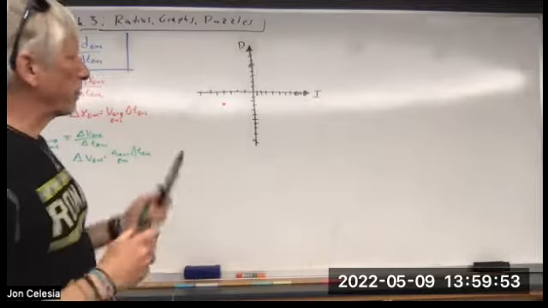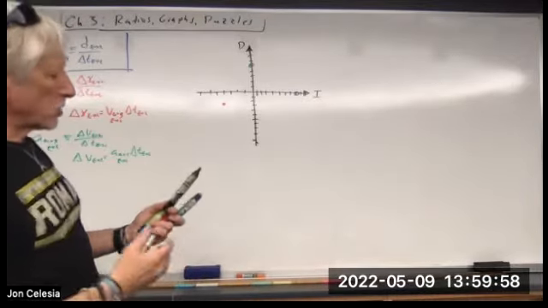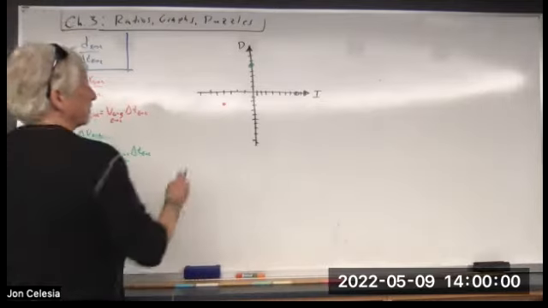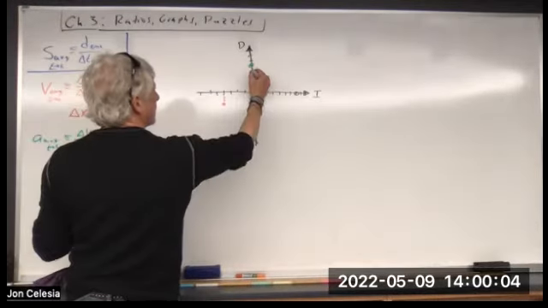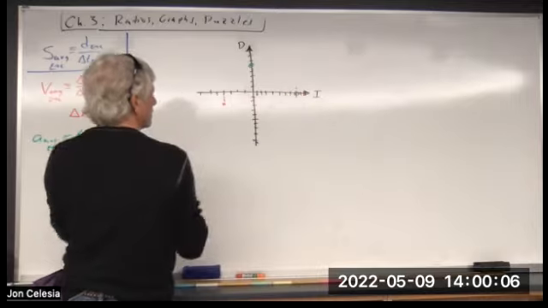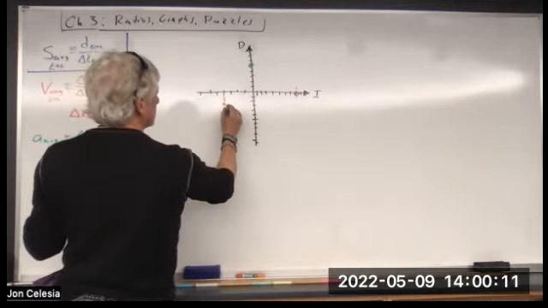Each of those points has two values. This has got an I value, and there's a D value.